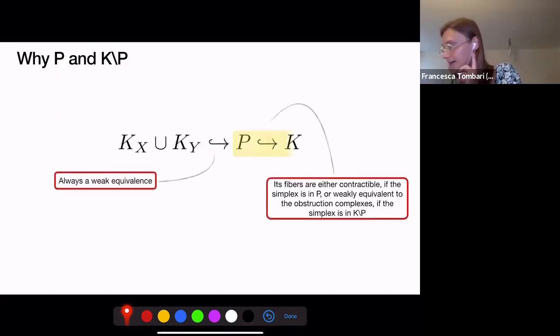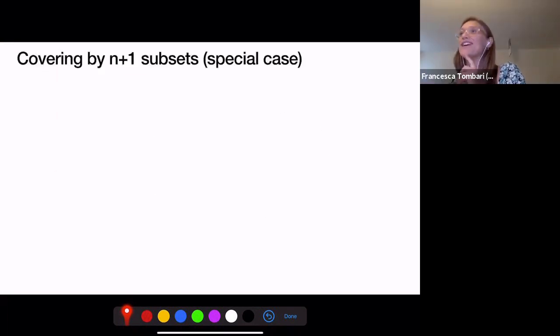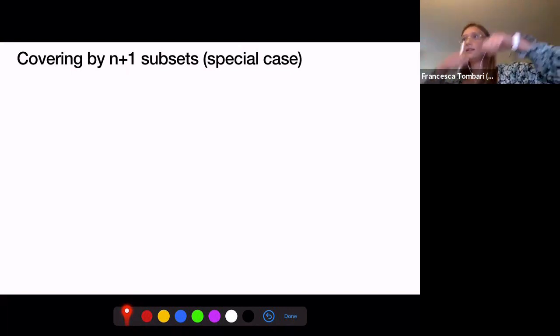Thanks. Yeah, but about the question, I was actually kind of prepared because I have no answer for the general case because it gets complicated. In the case with 2 elements covering, we have just obstruction complexes that live in the intersection, but in general we have many different intersections.